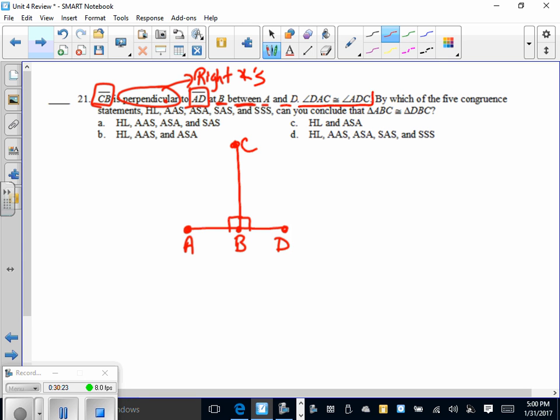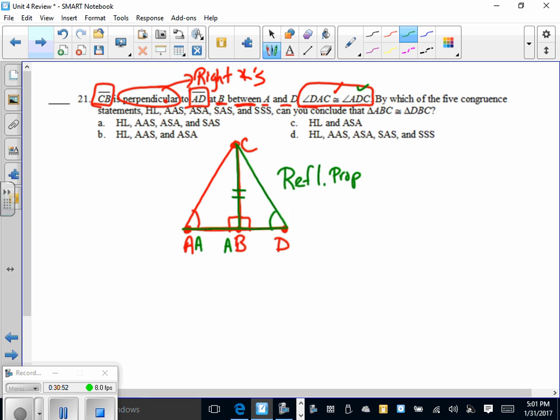It says that angle DAC, that's this angle, is congruent to angle ADC. That's this angle. Okay? So, we know that I have an angle, and then this side right here is congruent to itself by the reflexive property.